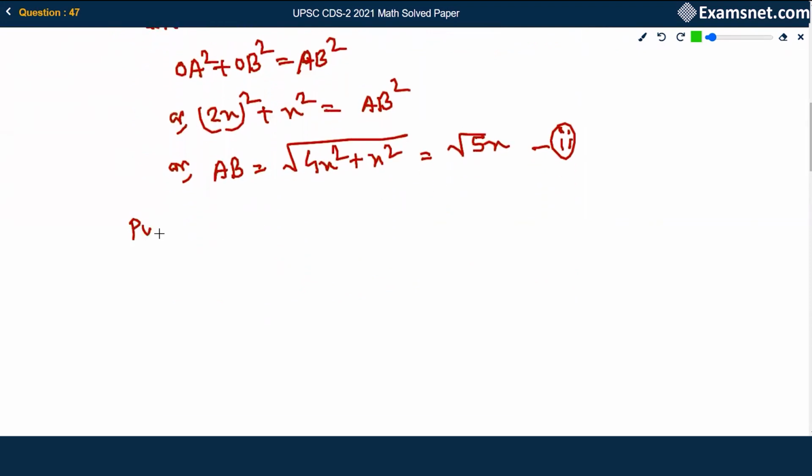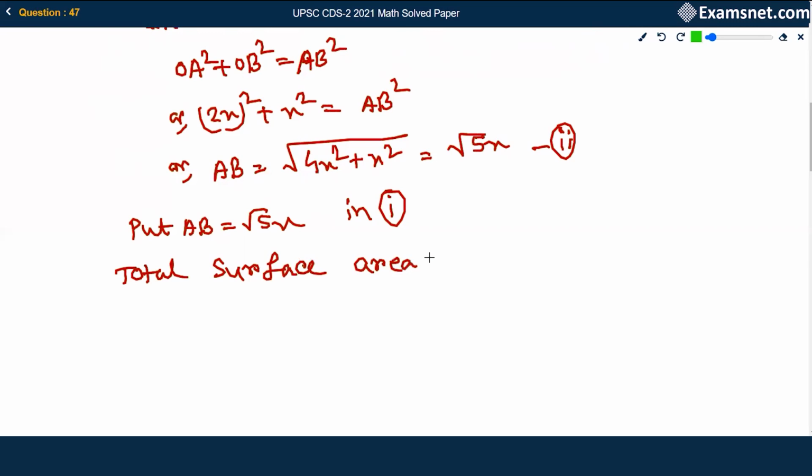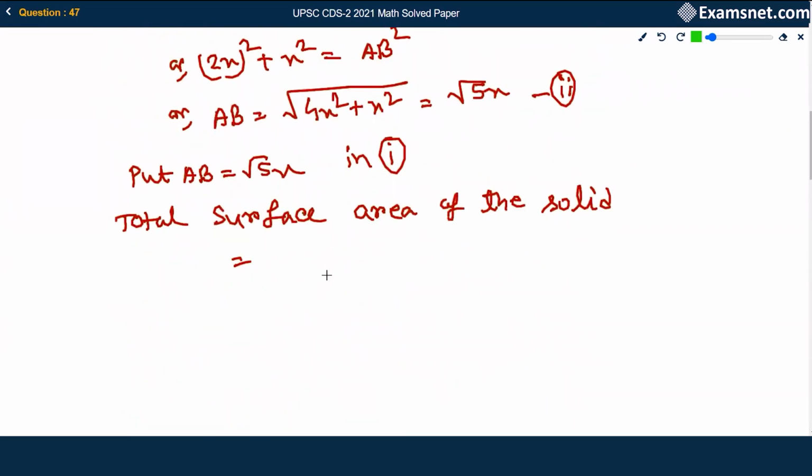Now put AB equals root 5 x in equation number 1. So the total surface area of the solid is pi RL, that is pi times root 5 x square, plus 2 pi x square. We can use the value of pi as 3.14 after rounding off.